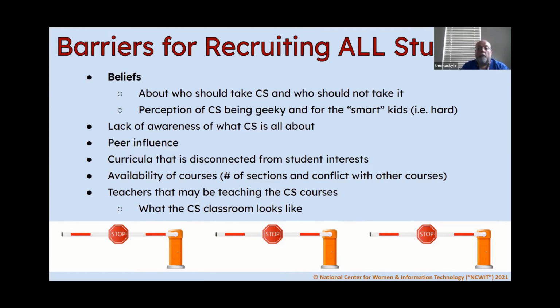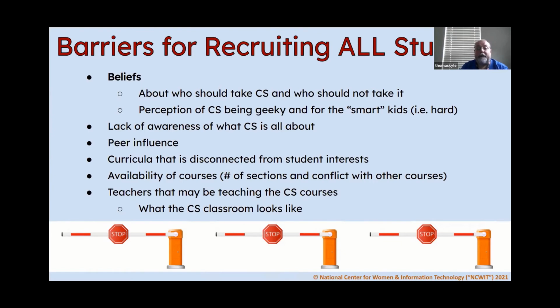And we've got to get people to understand that everyone can benefit from computer science and everyone can do computer science. There's a lack of awareness out there of what it's all about. It's not just coding, it's learning to problem solve. So we've got to overcome those beliefs that people already have, and that lack of awareness.